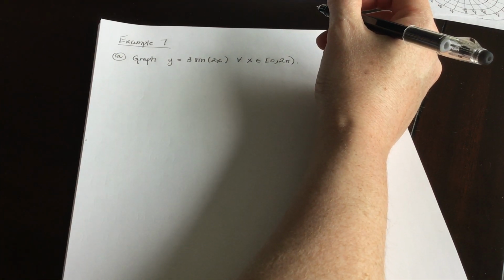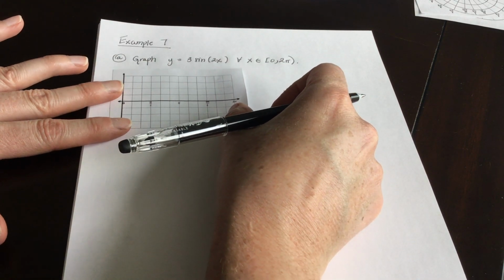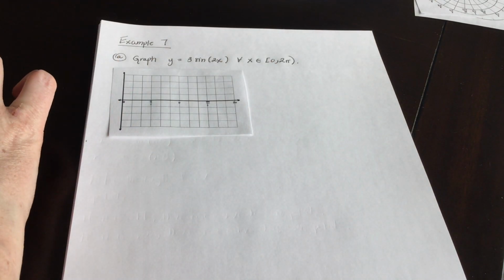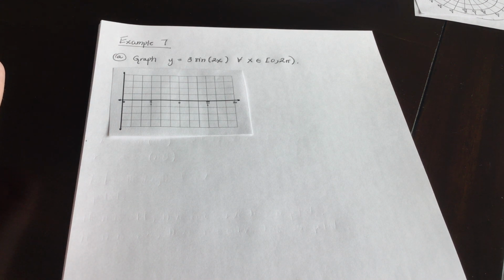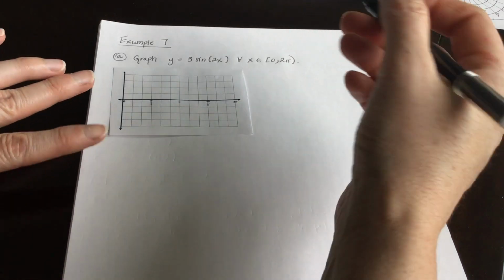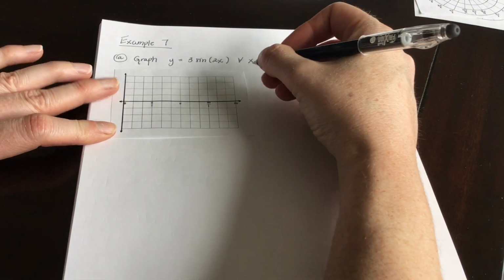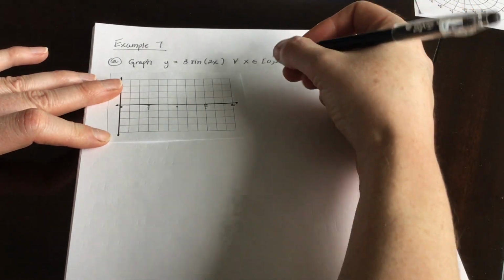So that's on a rectangular plane. And I'll include this as an attachment to make sure that you'd have access to that. So go ahead, and this would be a good time to pause the video and see if you remember how to do that. But I'll go ahead and show my solution here.